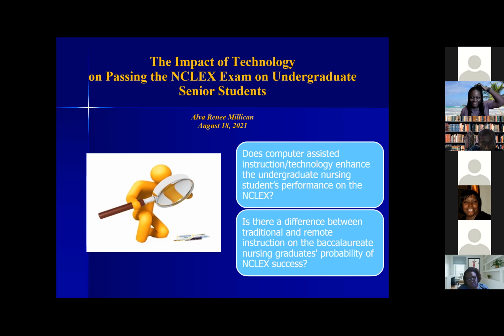But my focus is increasing our NCLEX scores because, as you know, some people think that the NCLEX exam doesn't have anything to do with the university or the School of Nursing. But if our NCLEX exam scores go down, that looks bad on the school, and our passage rate will go down. So that's my focus.